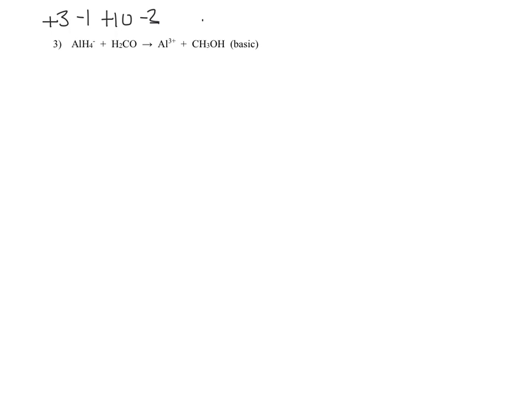The hydrogens are each plus 1. The oxygen is negative 2, which makes your carbon a negative 2. So the ones that have changed are your carbon. It went from 0 to minus 2, so that was reduced.